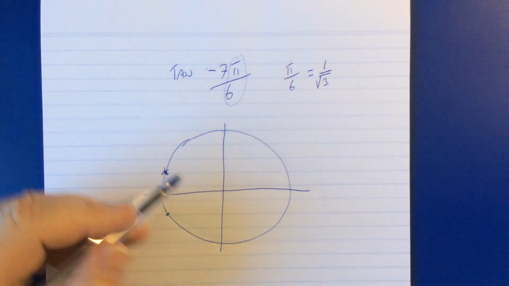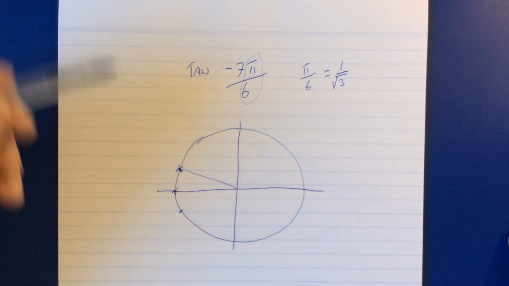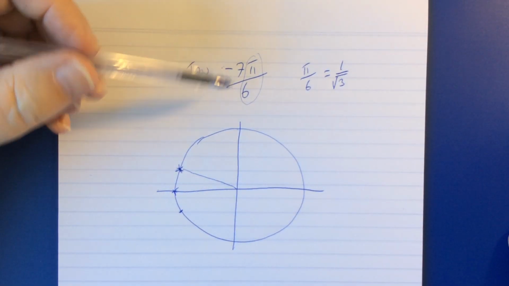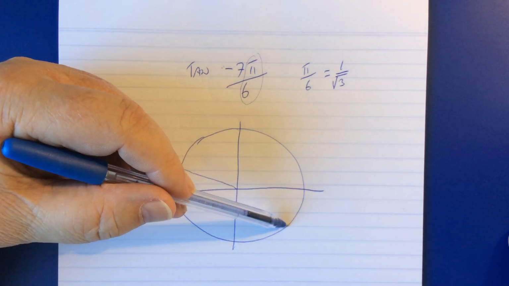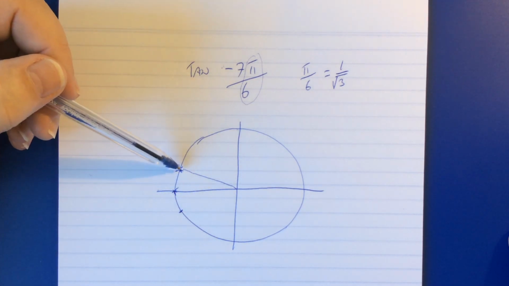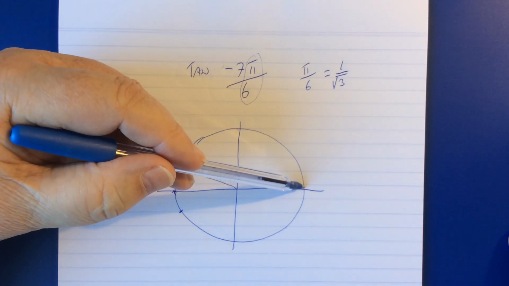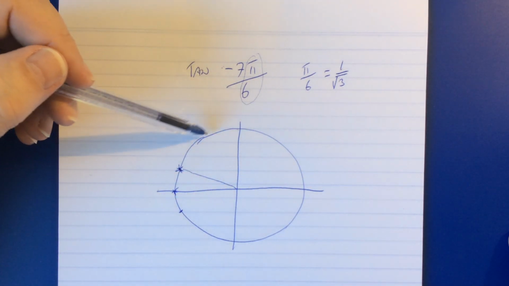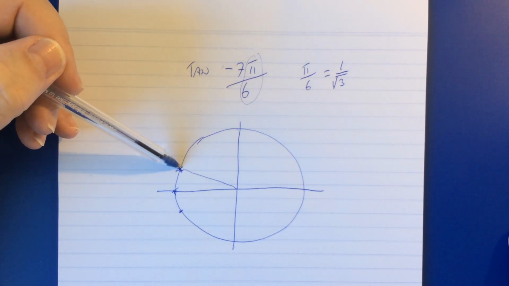So it amounts to the same thing, but you get there by different means. So counting negatively, 1 pi on 6, 2 pi on 6, 3 pi on 6, 4 pi on 6, 5 pi on 6, 6 pi on 6, negative 7 pi on 6, or counting positively, 1, 2, 3, 4, 5, 6 pi on 6, 7 pi on 6, and then you reflect it.